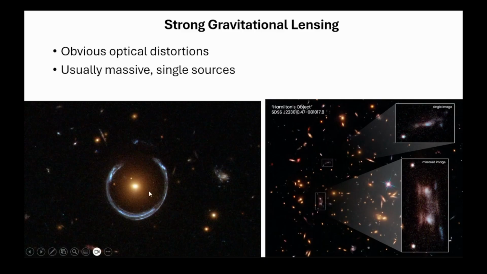obvious, right? Optical distortion. There's some sort of galaxy or mass in the center here, and this light is actually coming from way farther behind the mass in the center, and it's basically getting curved around and distorted in this ring. Here's another example where we just have a couple of images that are distorted and transposed, I guess.